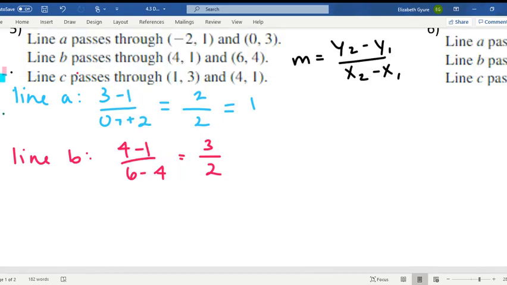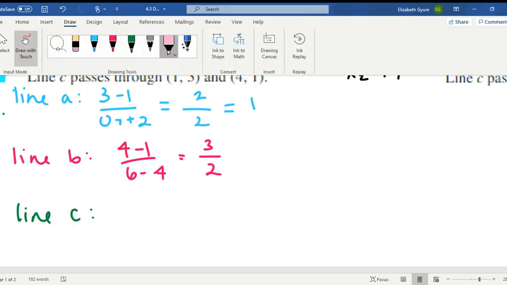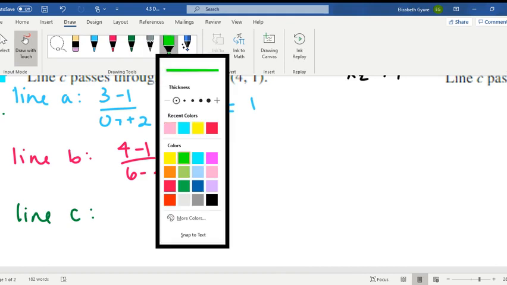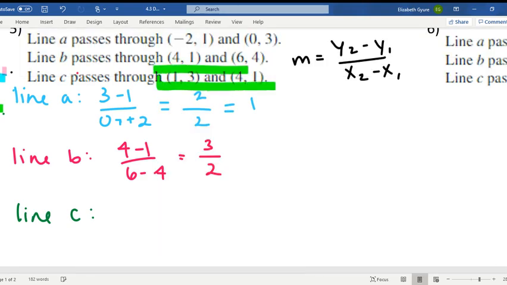All right, so now let's look at line C. All right, guys, line C, we're looking at 1, 3, and 4, 1. We're gonna find the slope. So Nick Lopez, back to you. What should I do about subtracting my y's to find my slope?